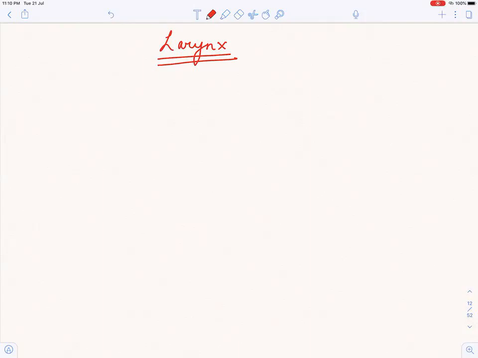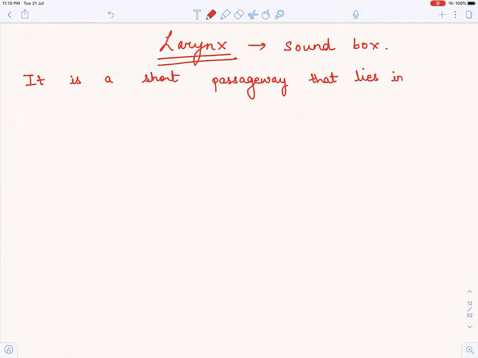What is the larynx? It is commonly known as the sound box. And how will you define it? It is a short passageway that lies in the midline of the neck, anterior to the esophagus.